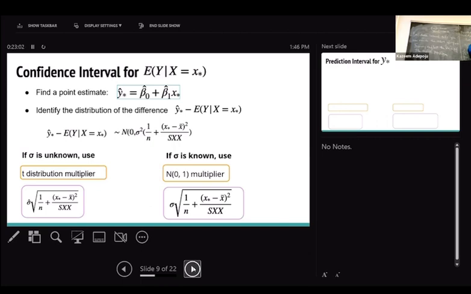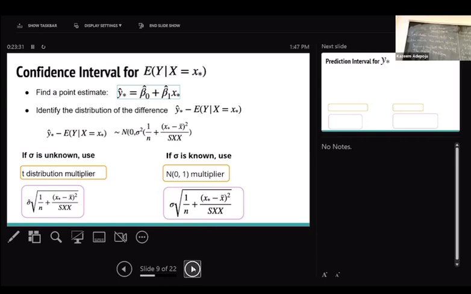This mu is the same thing as the expected value of y given x that I'm talking about. Then I will consider two situations. One, sigma is known. Two, if it is unknown. So if sigma is unknown, I'm going to use this formula as the standard error. If sigma is known, I'm going to use the other one. Any question? Take a look at that.